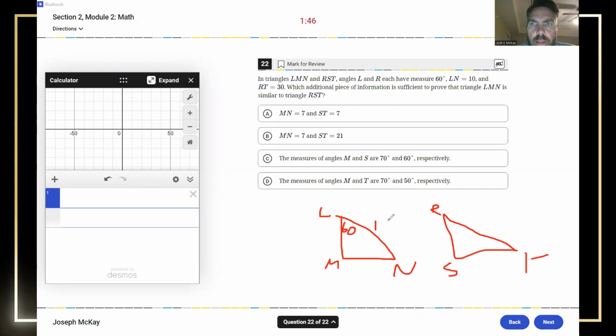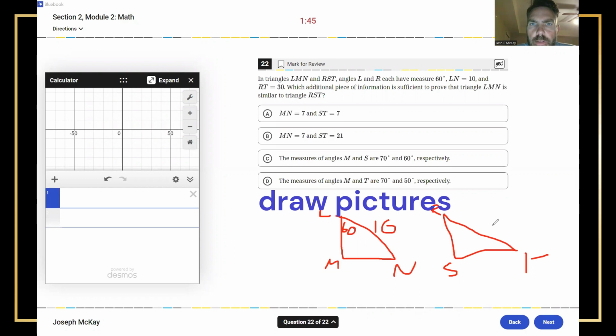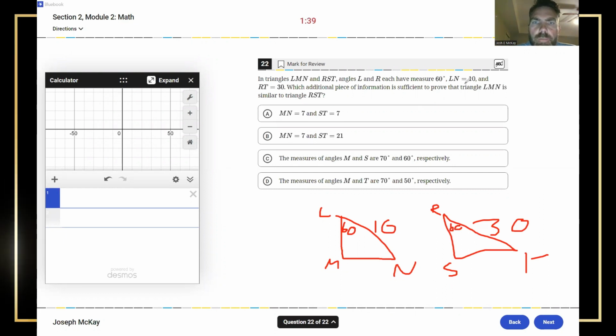LN is 10. RT is 30. This is also 60. So I'm trying to prove they're similar. MN is 7 and ST is 21. Yeah, if I have two sides and an angle, that would be sufficient. So I think it's going to be this one.